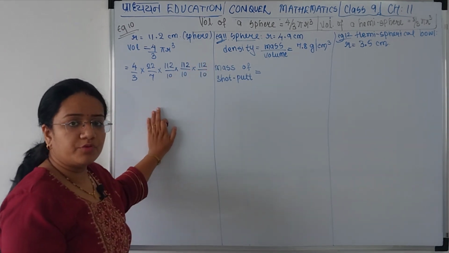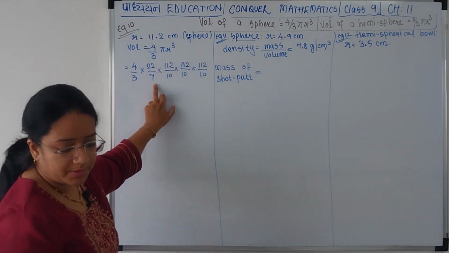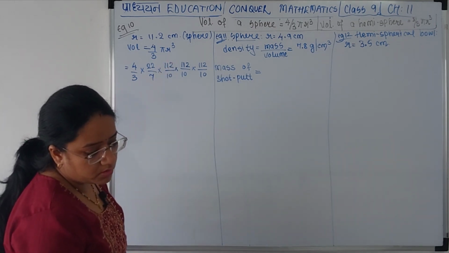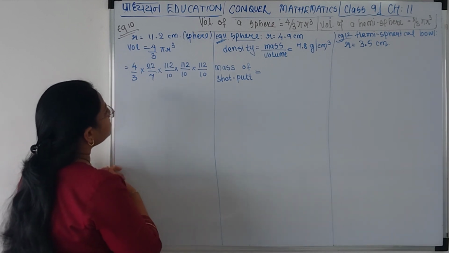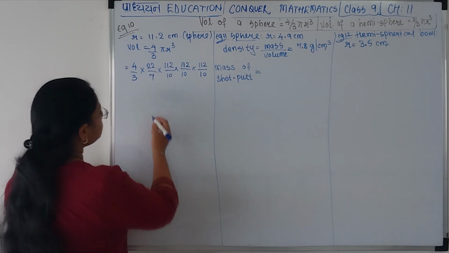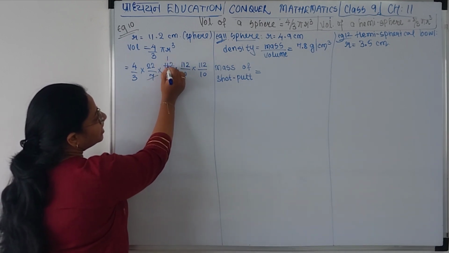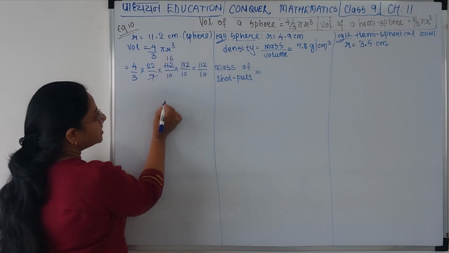Simply, what you have to do is, you have to check if it is divisible by 7 or not, okay? It will be divisible by 7, 7 ones are 7, you are left with 4, 42, 7 6 are.